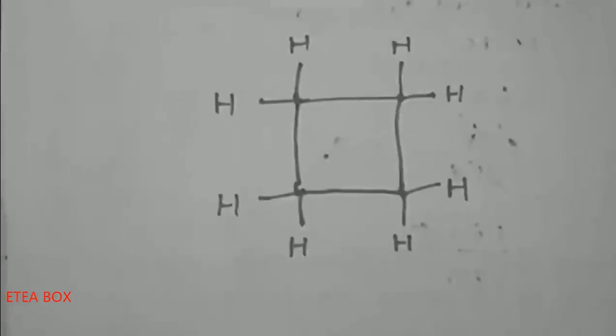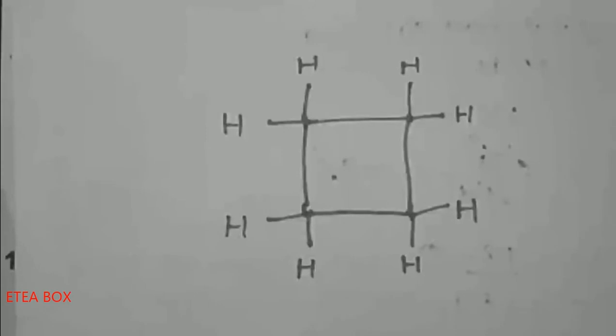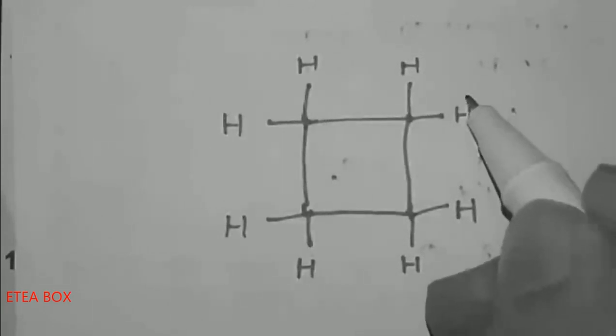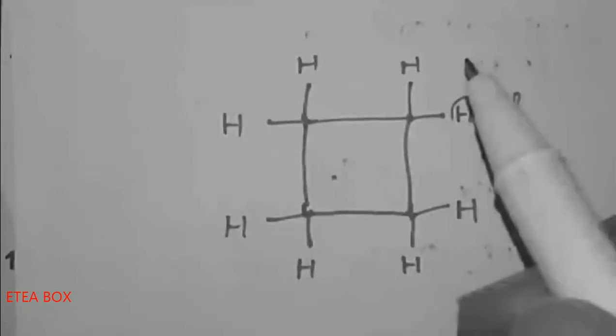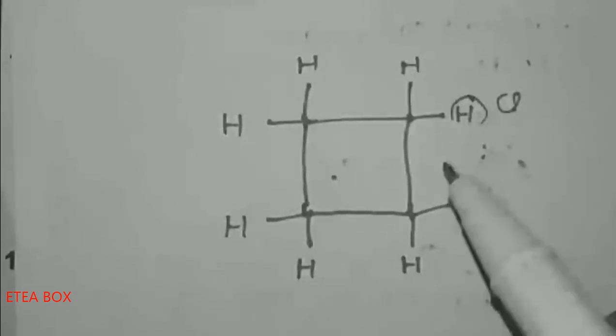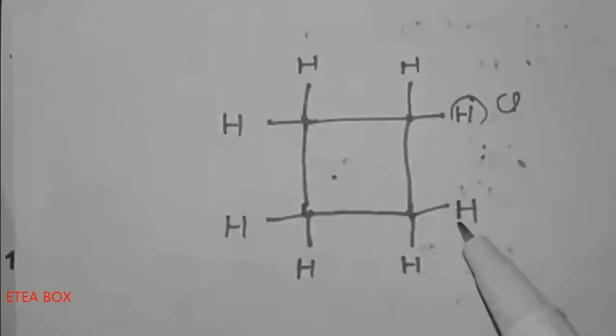Now look at cyclobutane. If I replace this hydrogen, it will get the name 1-chlorocyclobutane, and the same will be here. If I replace this one instead, again it will get 1-chlorocyclobutane as its name.